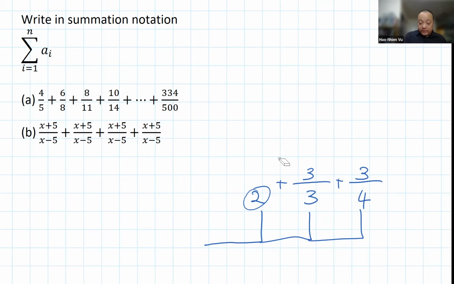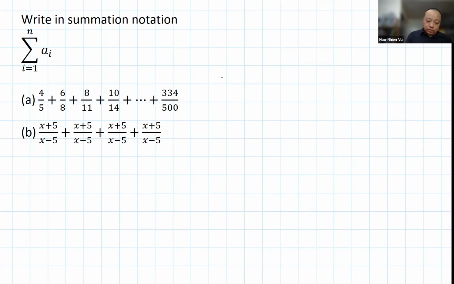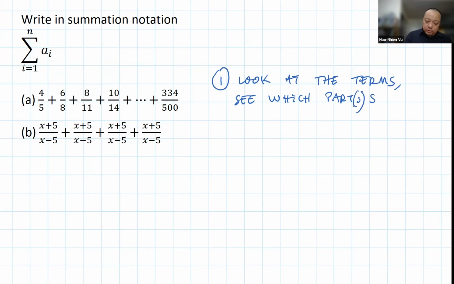That's our strategy. Step number 1, look at the terms, see which part, could be multiple parts, stay constant, which parts change.